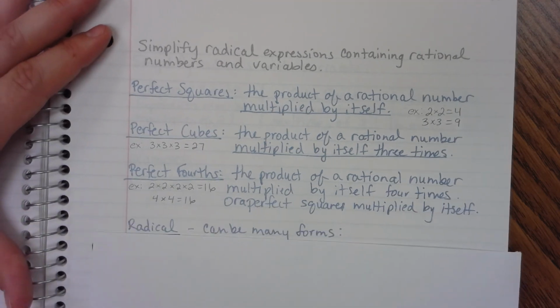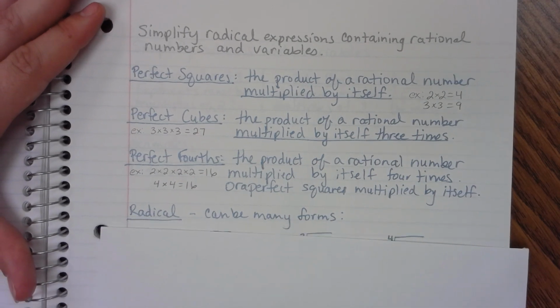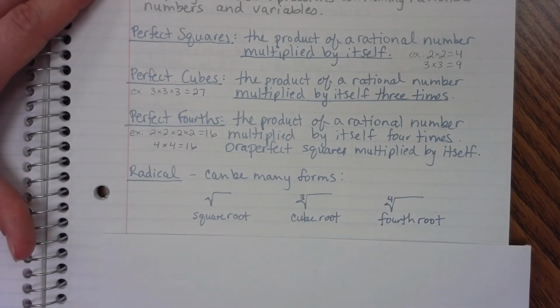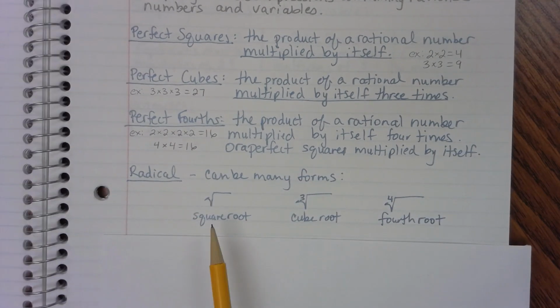Now let's talk about what a radical actually is. A radical can be many forms. The three that we're going to talk about are a square root, a cube root, and a fourth root. What makes them similar is that they all use the radical symbol, which is just this basic symbol here.